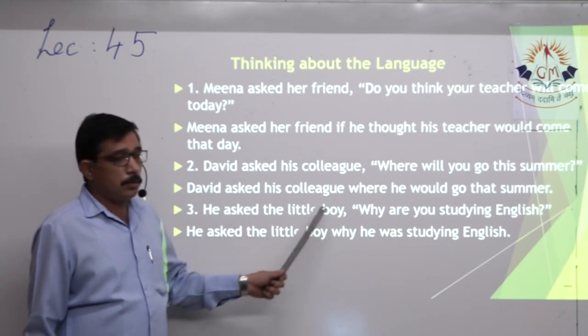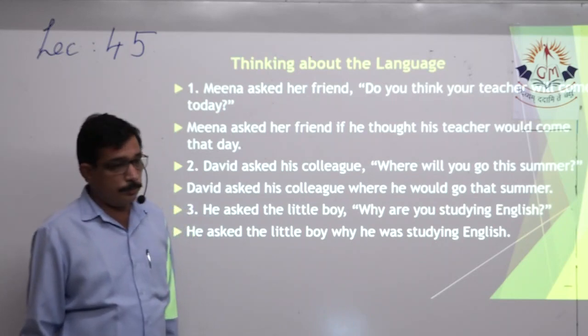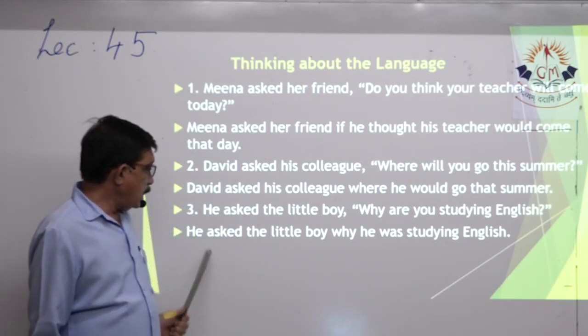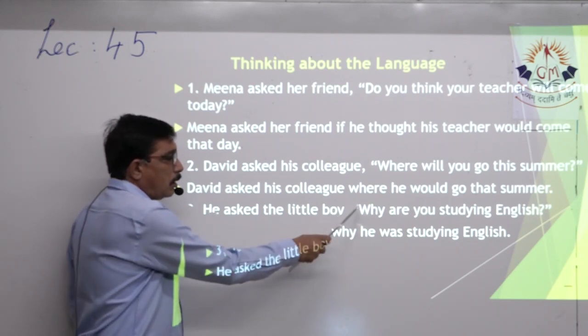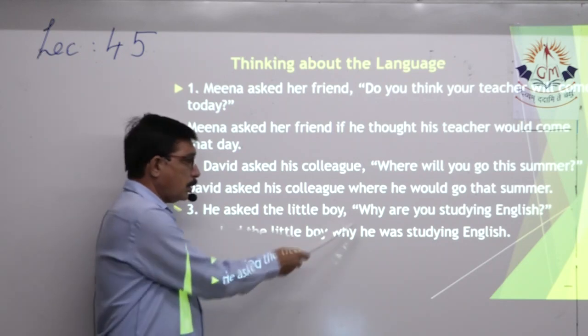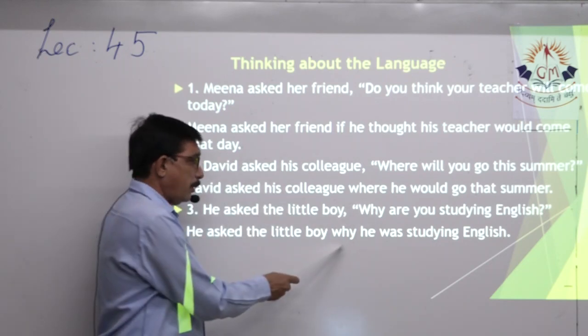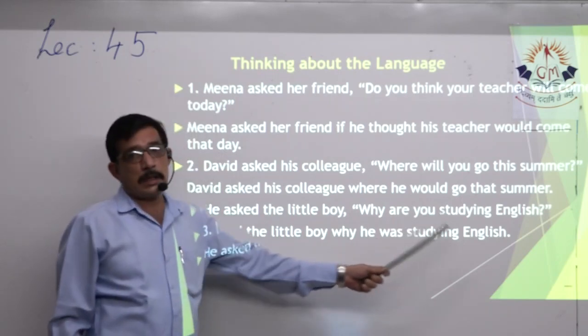He asked the little boy, why are you studying English? He asked the little boy, remove the comma, inverted commas, and straight away use the WH word, why. Are you studying becomes he was studying.